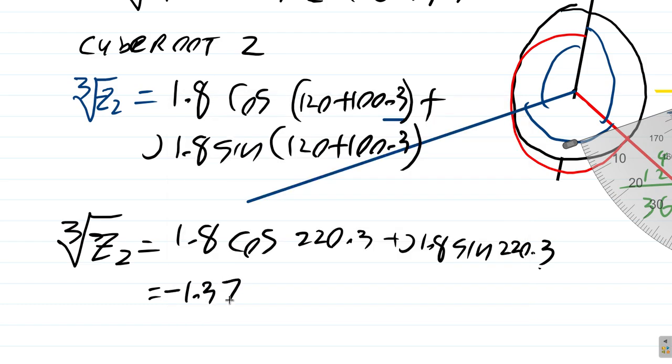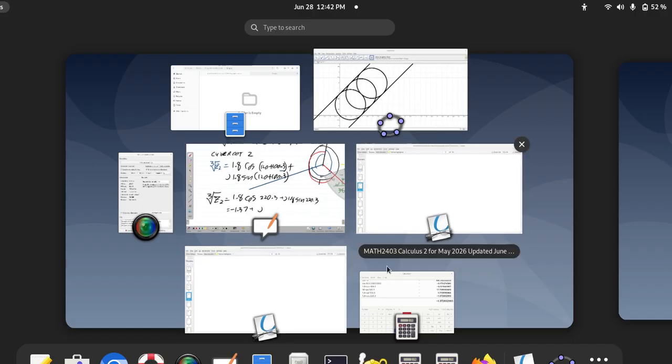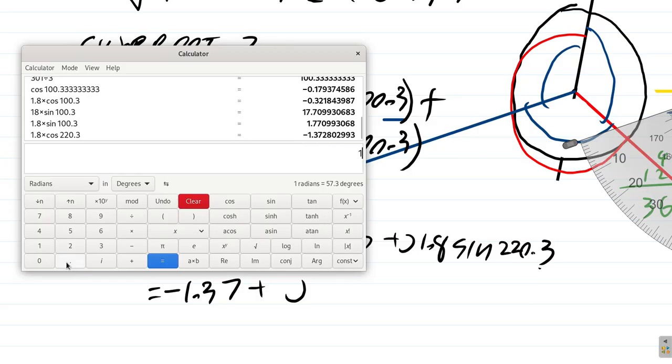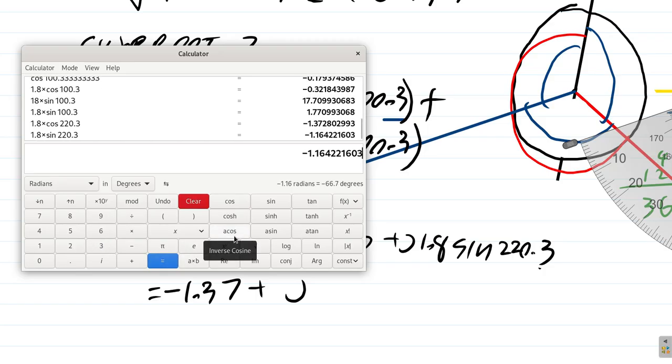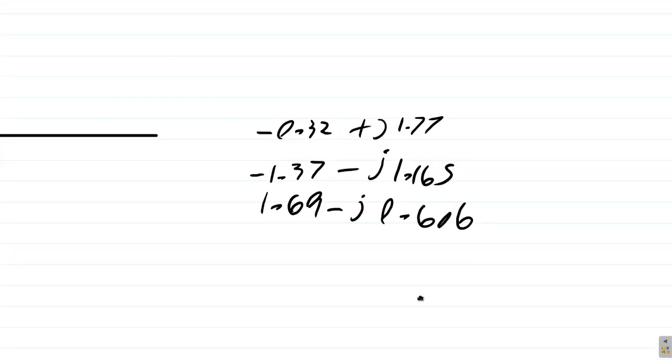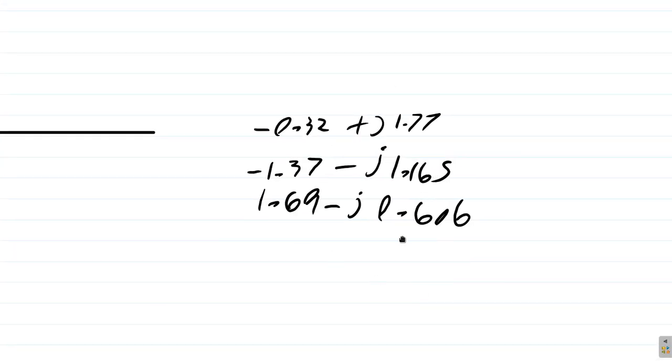So negative 1.37 plus j, and then we have 1.8 multiplied by sine 220.3, which equals negative 1.16. So it would be minus j 1.16. Negative 1.37 minus j 1.16. The magnitude it says is 1.8. All right.